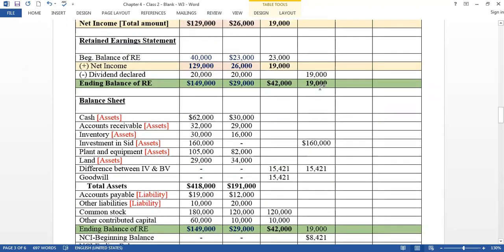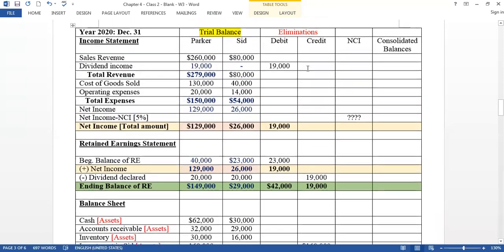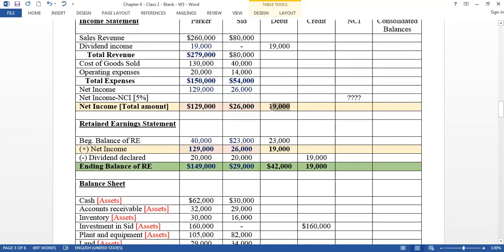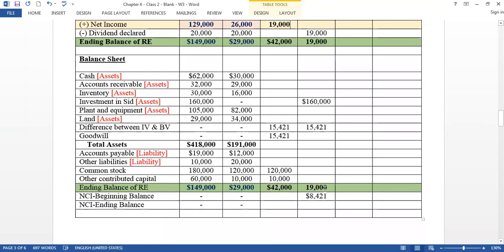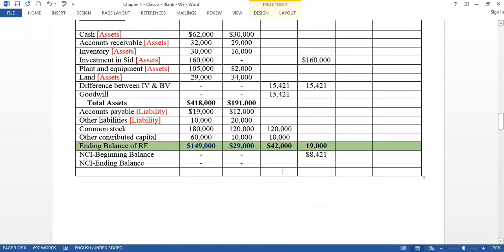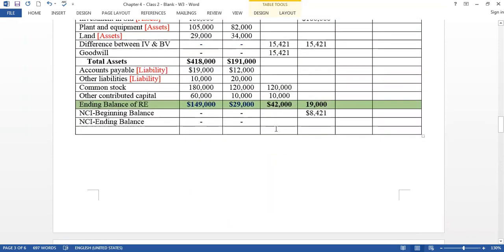Because this 19,000 we put here. Now we have this one we put here. This one we follow everything. Now these two accounts should be equal, because debit and credit.